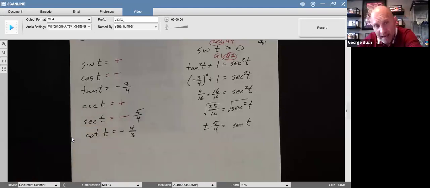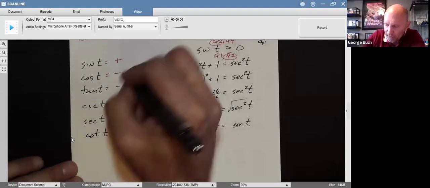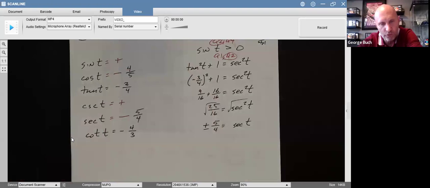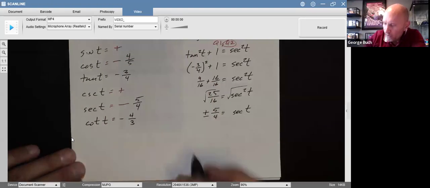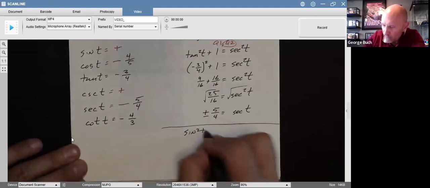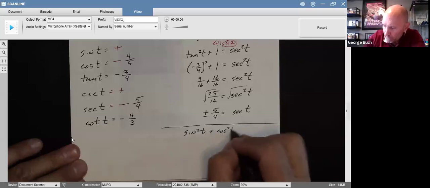And now that I know secant, I can figure out cosine because it's just the reciprocal. So instead of -5 over 4, it becomes -4 over 5 for cosine. And now that I have cosine, I can figure out sine using the Holy Grail. So sine squared t plus cosine squared t is 1.